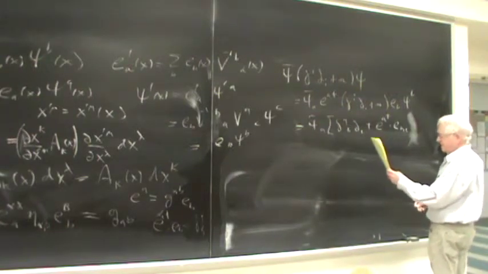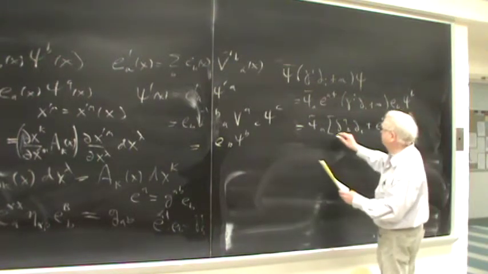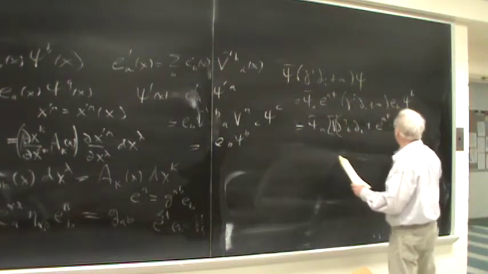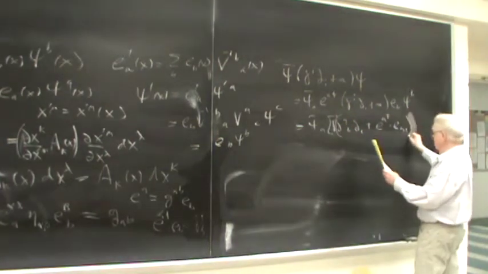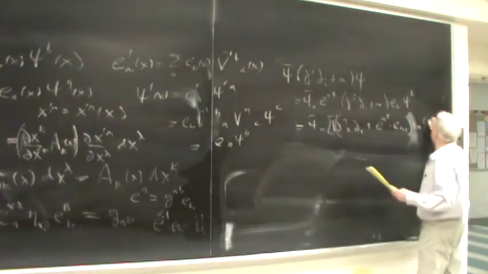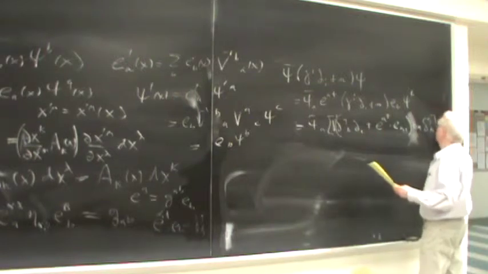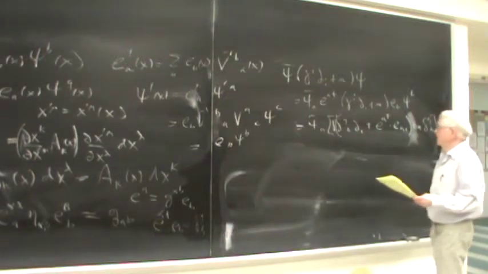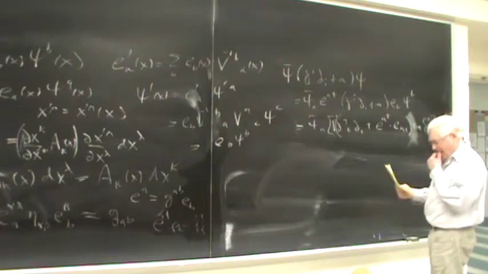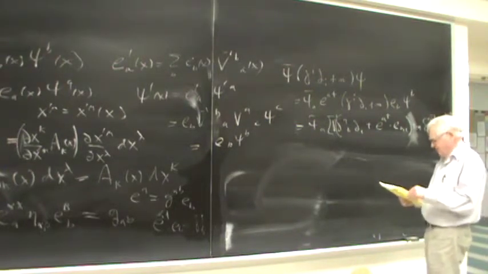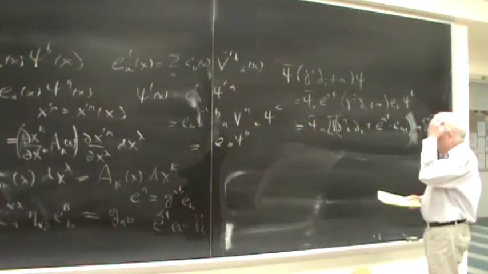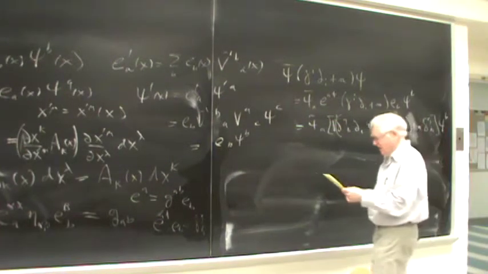All right, wait a minute, I left out the gammas also. And then this is just delta AB. Okay. And now you see what we've got is a generalization of the Yang-Mills Dirac action.